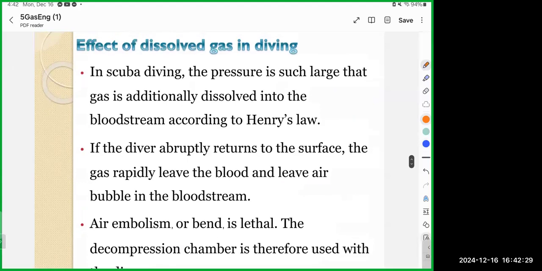So, the effect of dissolved gas in diving. For scuba diving, if the pressure is so large, gas is additionally dissolved into the bloodstream.